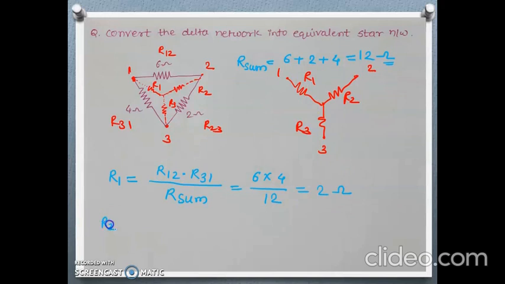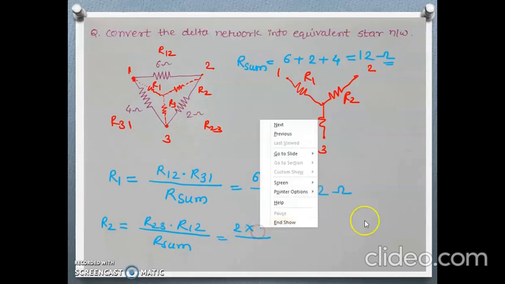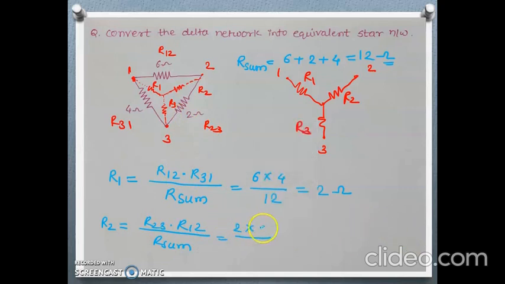Similarly, R2 is common for R23 into R12 divided by R sum. The value of R23 is 2 into R12, which is 6, divided by R sum, 12. So this is 12 by 12, 1 ohm.